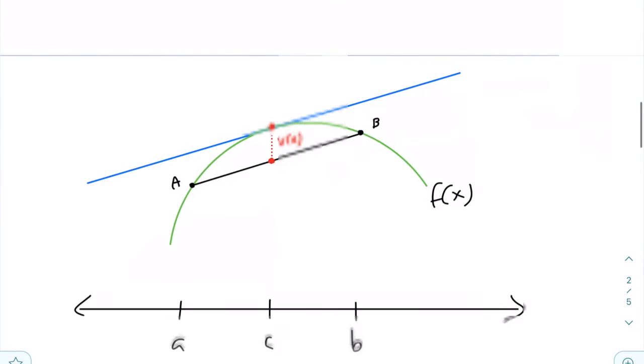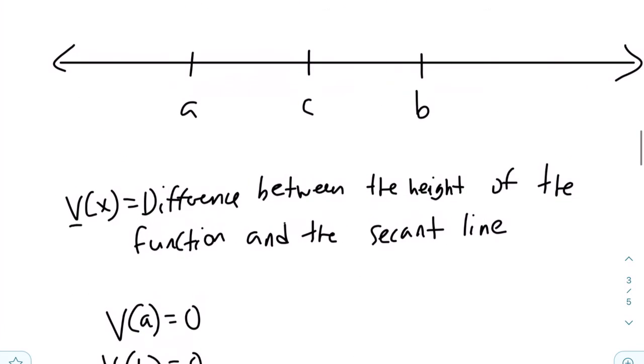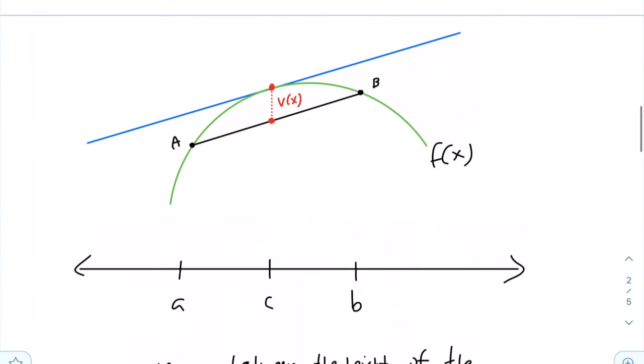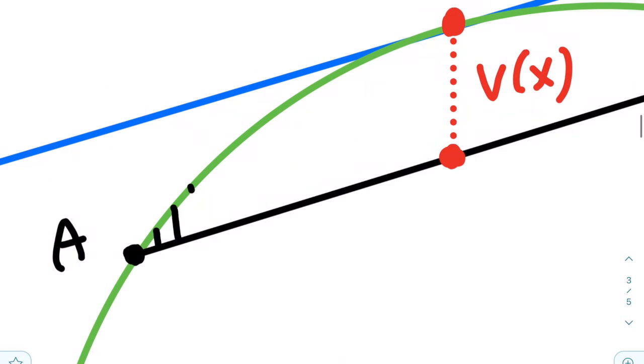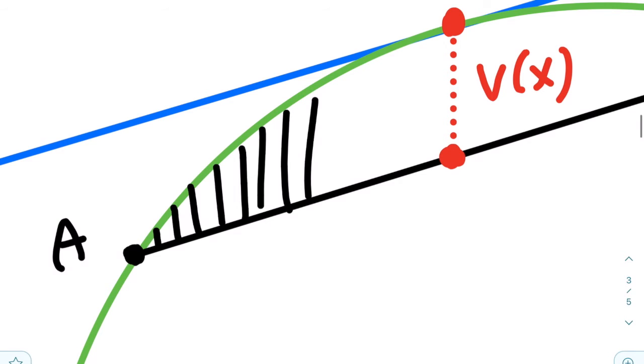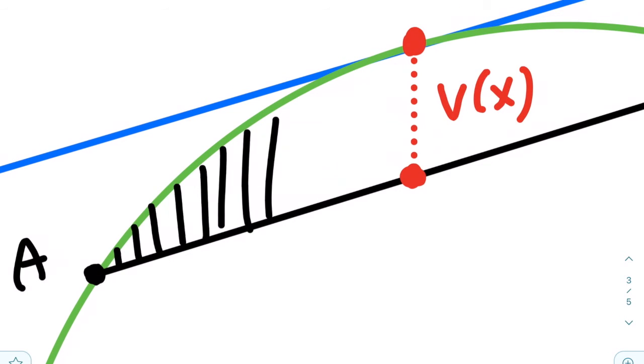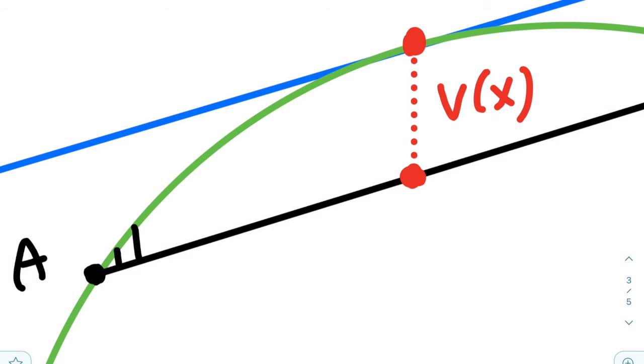And we're going to assume that v of x is the difference between the height of the function and the secant line. So it's basically the difference between this function and the secant line.